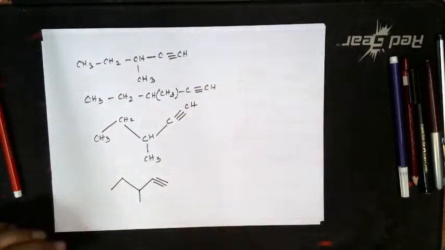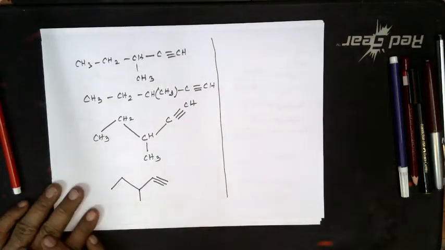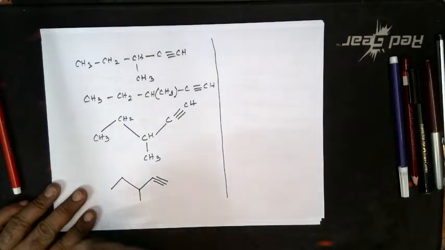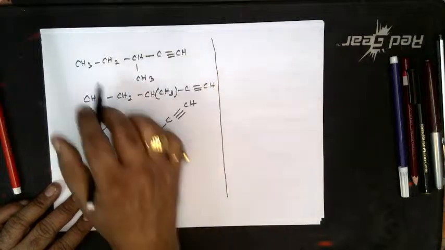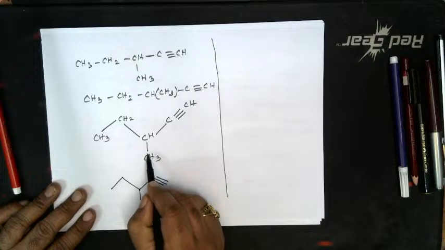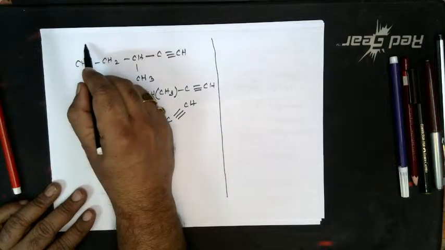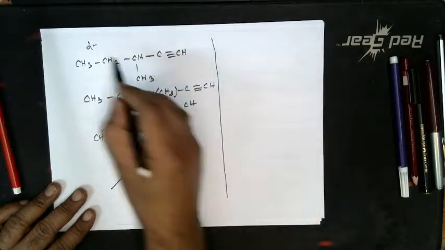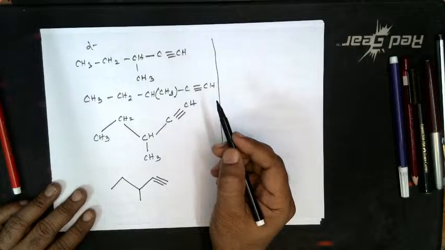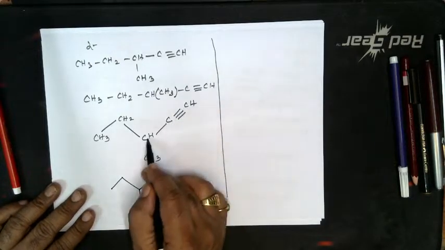Right. Can you draw the structure of 4-methylpent-2-yne? So what do you call this one? 2-methylpent: 1, 2, 3, 4, 5. Tell me, 2-methyl, 2 or 3? Previously you have written 3-methyl: 1, 2, 3, 3-methyl.